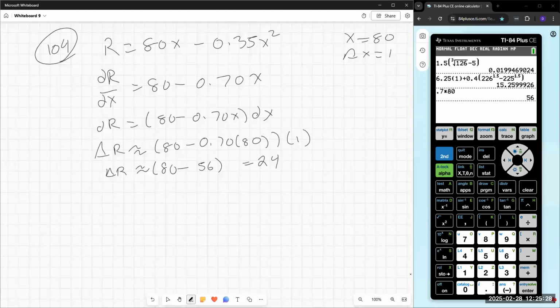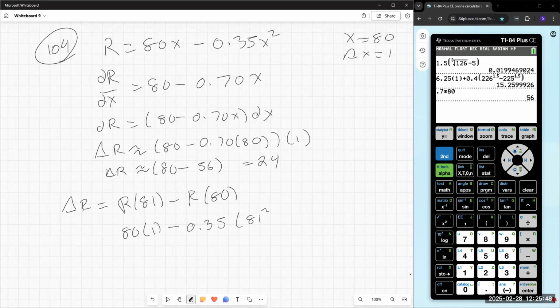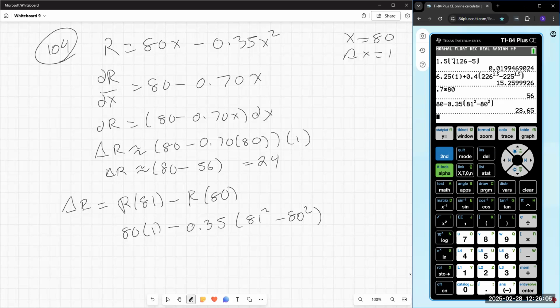And delta R is exactly R of 81 minus R of 80, which will be 80 times 1 minus 0.35 times 81 squared minus 80 squared. So 80 minus 0.35 times 81 squared minus 80 squared is 23.65.